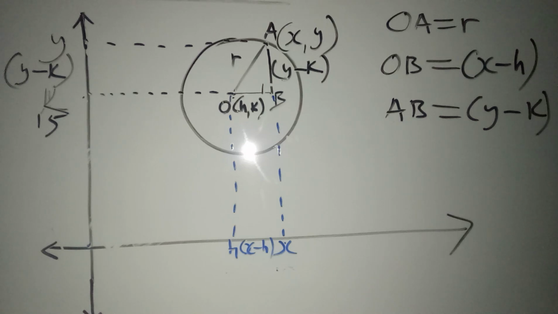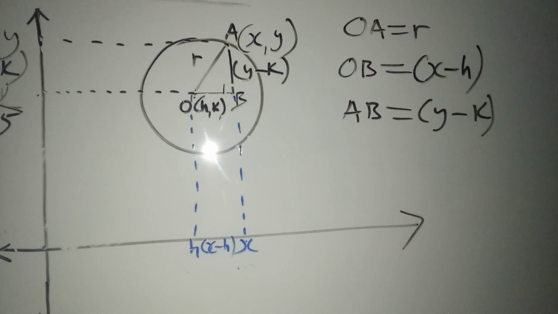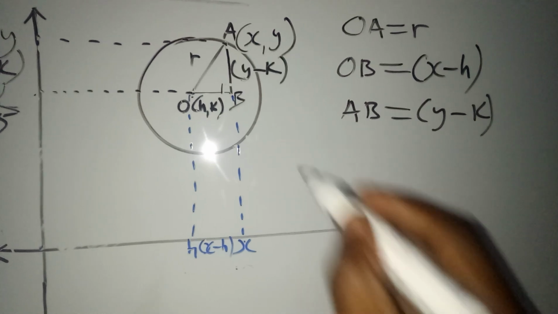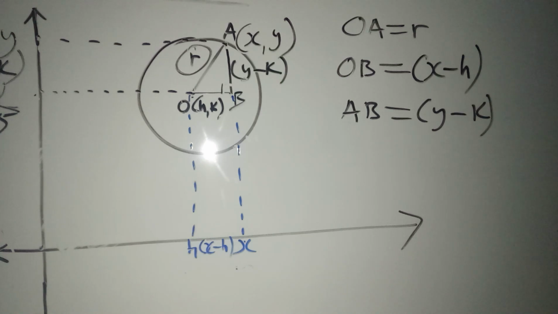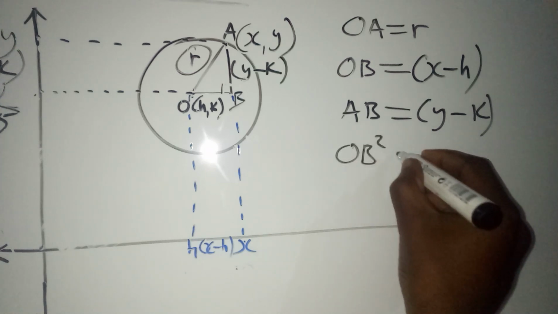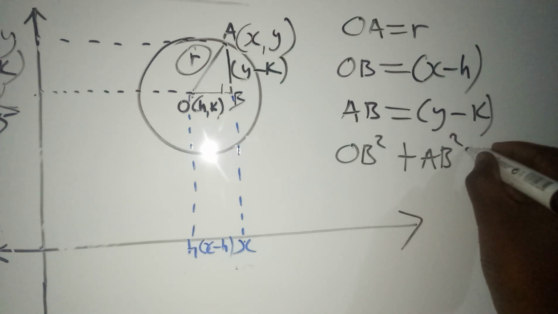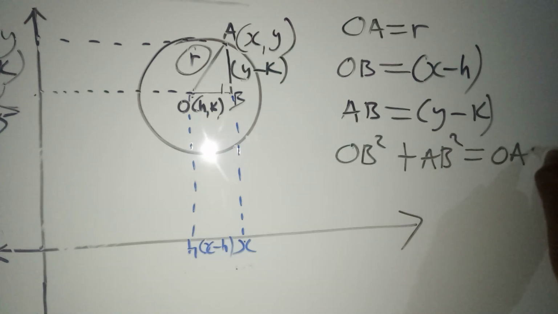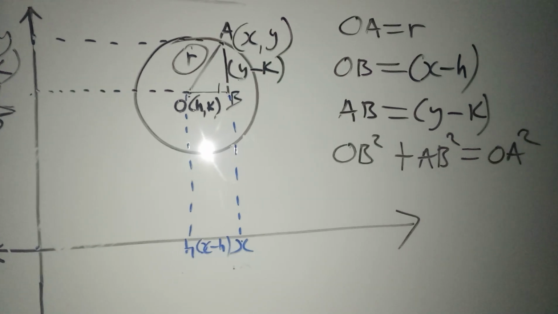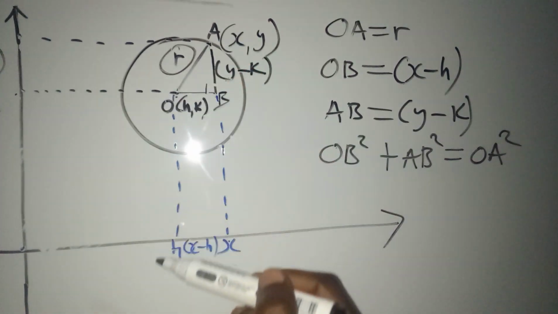Now, having the important details, we can use Pythagoras theorem to find the radius r. If I want to find radius r, I can say OB squared, add AB squared, and this should give me OA squared. That is by Pythagoras theorem, since triangle AOB is a right triangle.